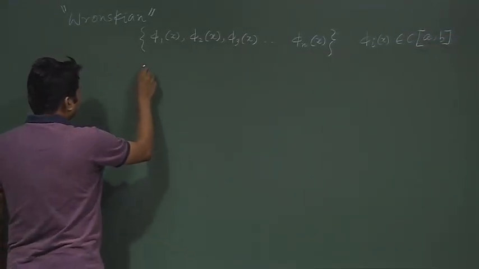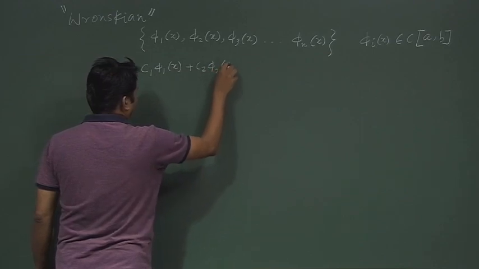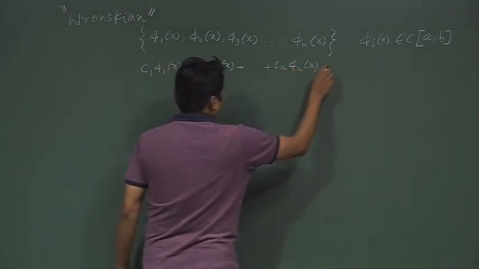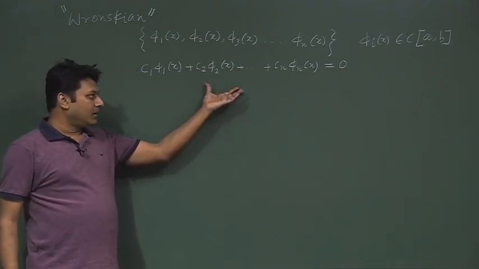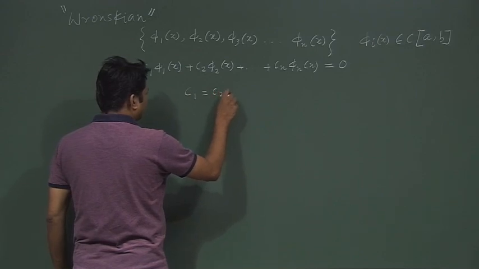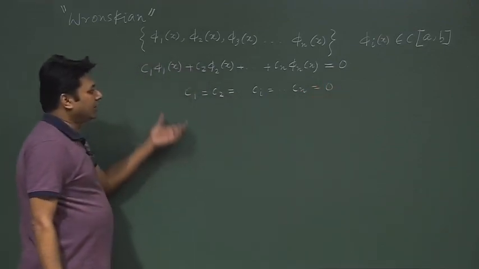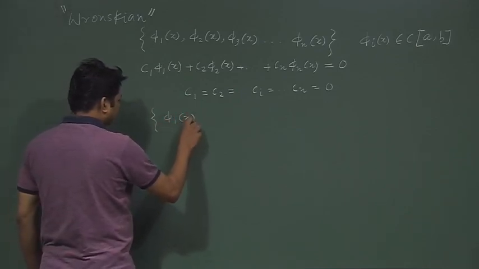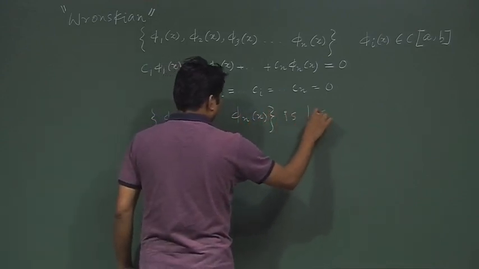Now, if I make a linear combination of these functions such that it is equal to 0, and the only condition for that is c1 = c2 = ... = cn = 0, then we can safely say that the set of functions is linearly independent.